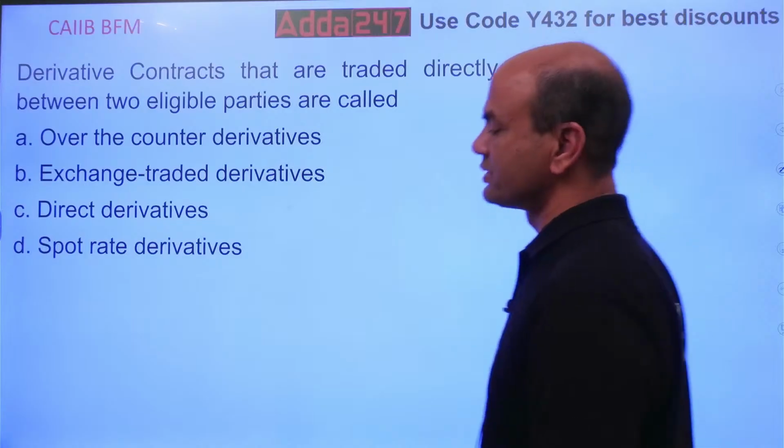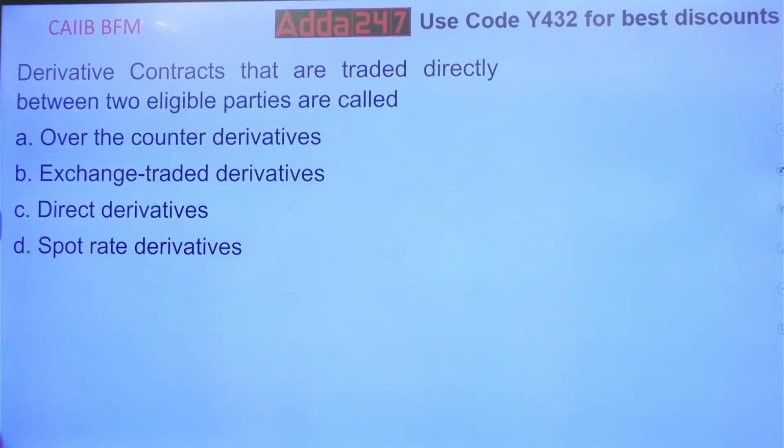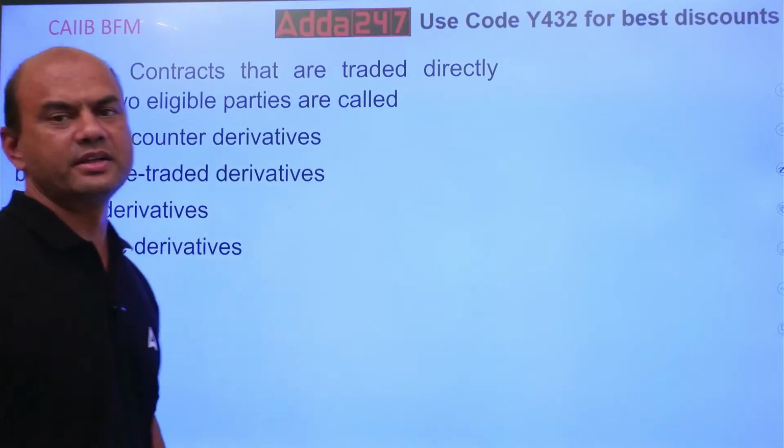Which derivatives are actively traded between only two parties? Then I will give you the explanation also. Let me see the answers in the comments.